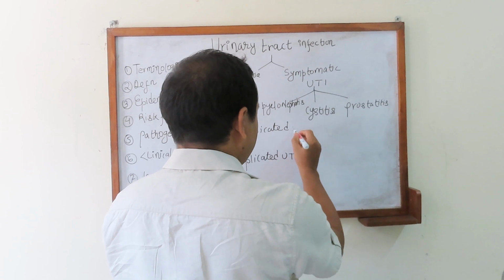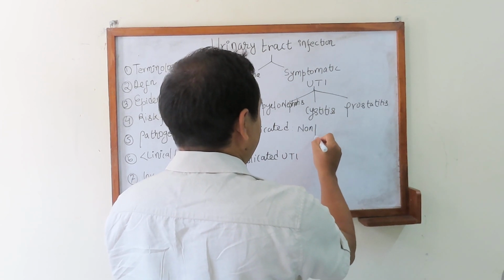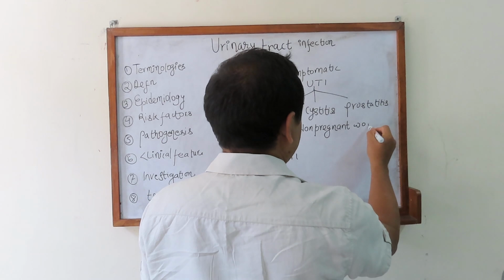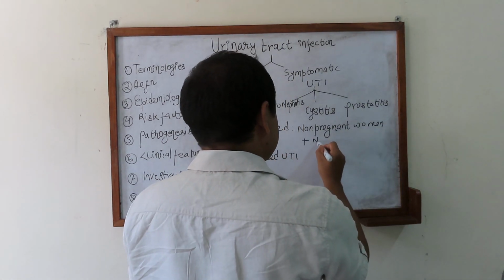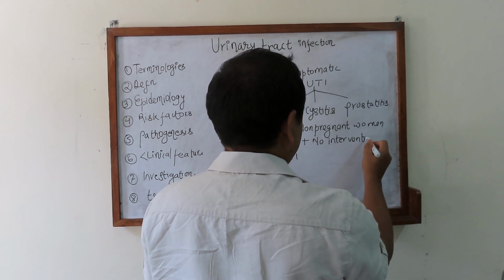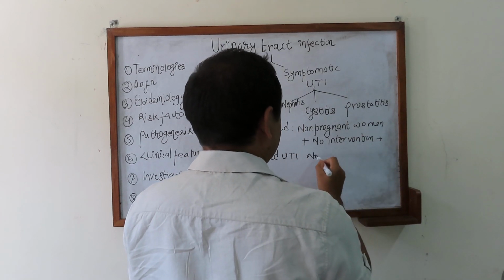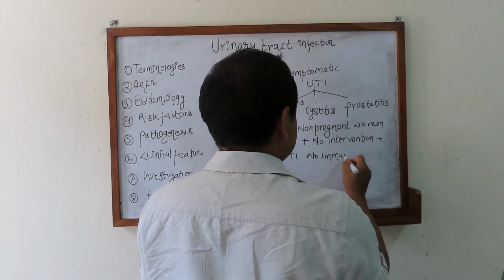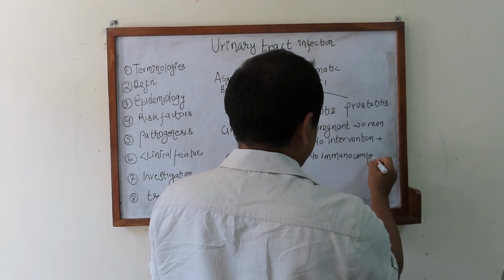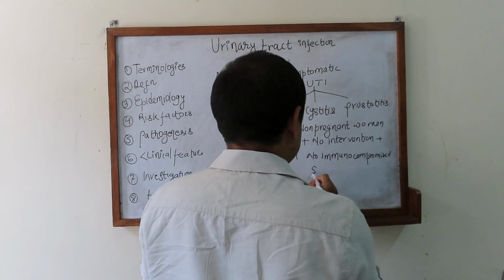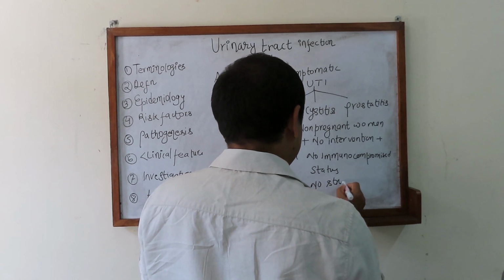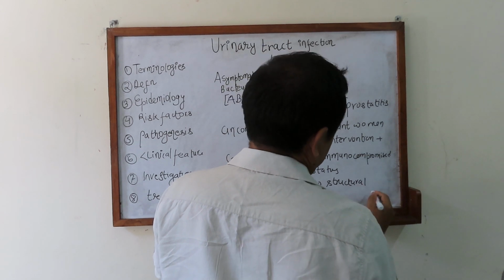So, uncomplicated UTI is UTI in a non-pregnant woman with no surgery, no intervention, no immunocompromised status and no structural change.